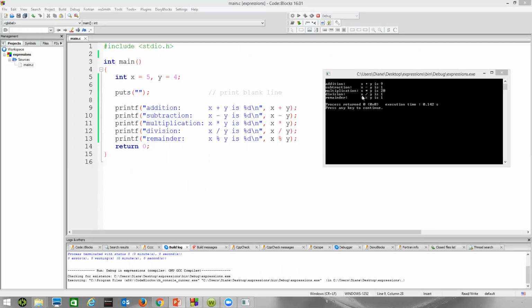Here's the integer division. So this is 5 divided by 4. That leaves a quotient of 1, and then because 4 can only go into 5 one time, it also leaves a remainder of 1. So x mod y gives us a remainder of 1. 5 divided by 4 leaves a remainder of 1. And that's how that works for integers.